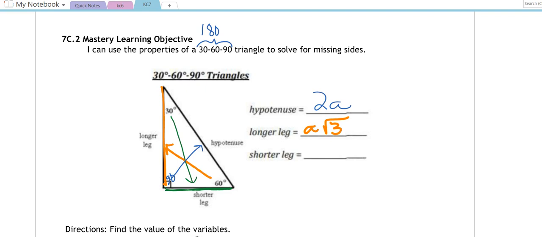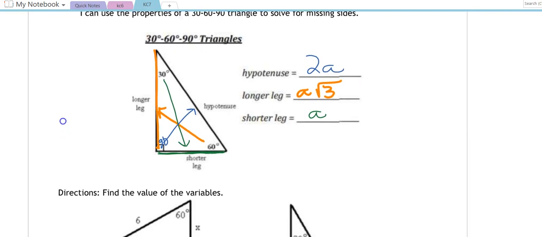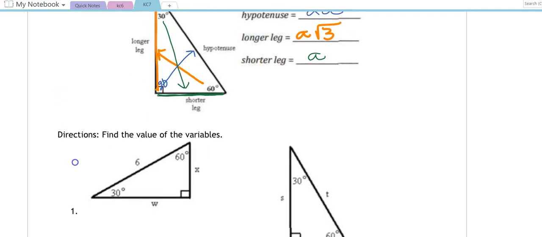And what's nice is that our shorter side is just going to be A. All right, so that's what we need to remember on a 30, 60, 90 triangle. Hypotenuse is going to be 2A, longer side is going to be A times the square root of 3, and the shorter side, which is across from the 30-degree angle, is just A. So that's what I'm going to be referencing throughout the whole video. You obviously won't be able to see it in the video, but you do have it at the top of your paper.